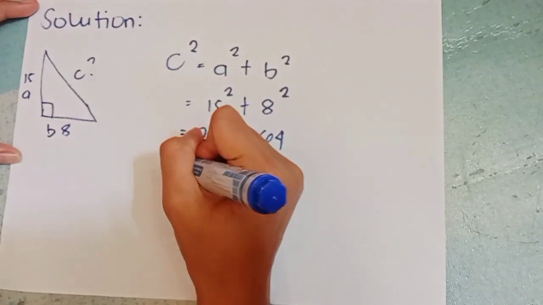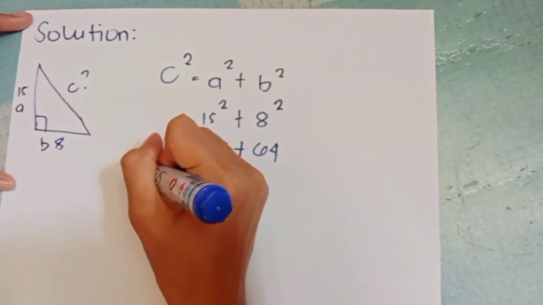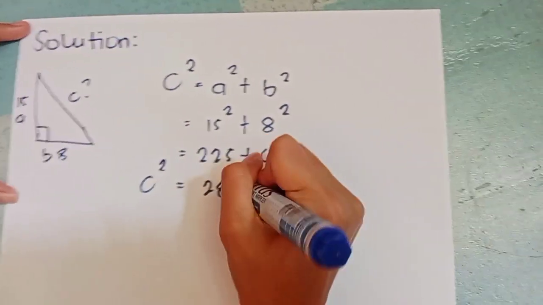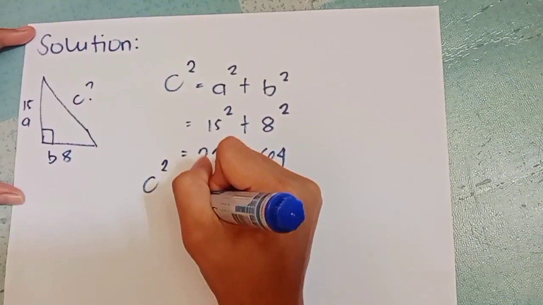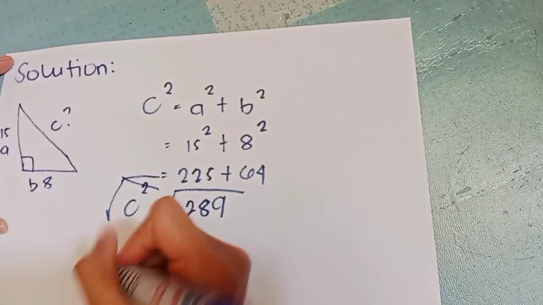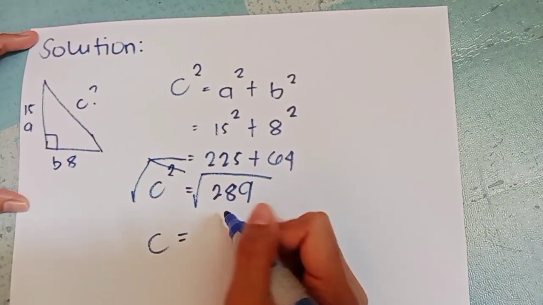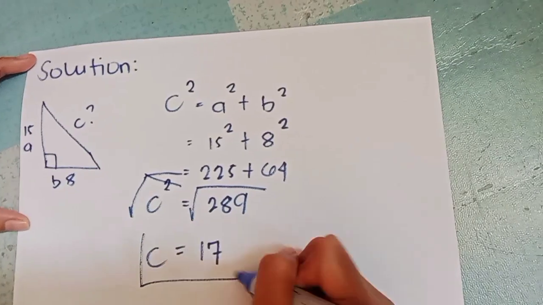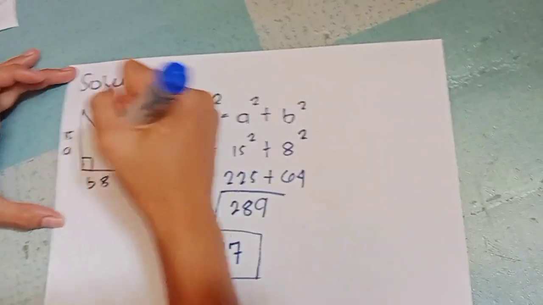So 225 plus 64 equals 289. We take the square root of 289 and C squared to cancel the square, so the square root of 289 is 17. So the answer is C equals 17.